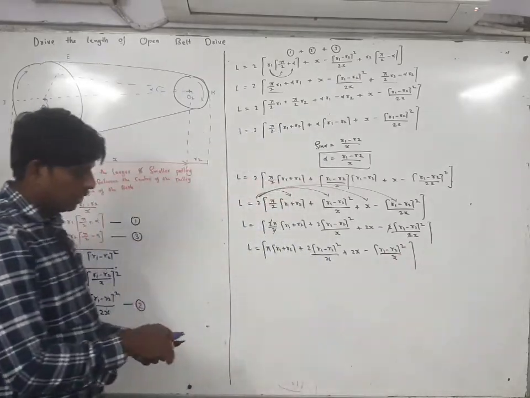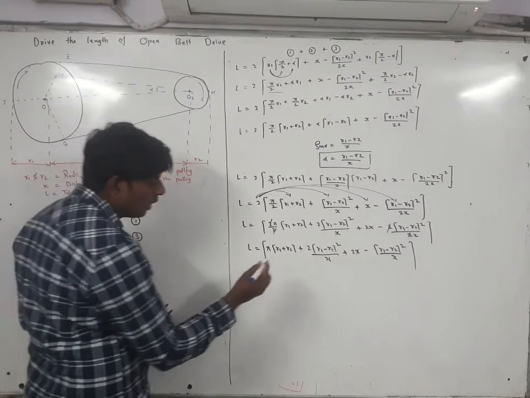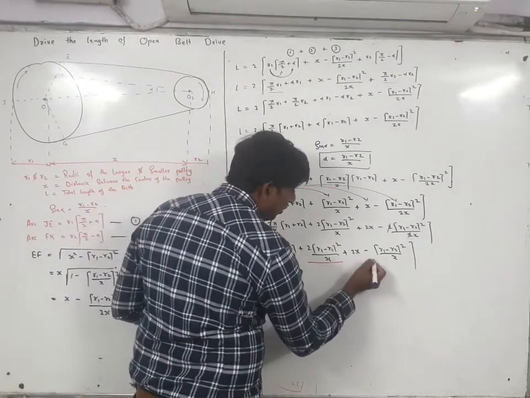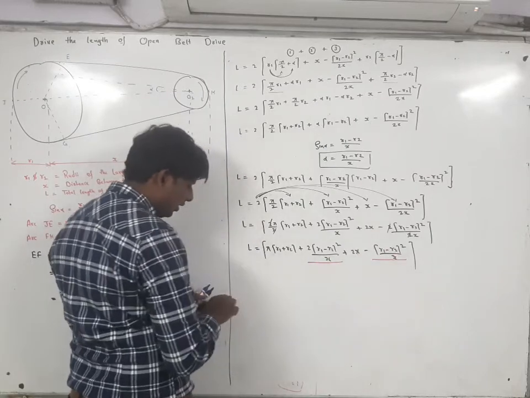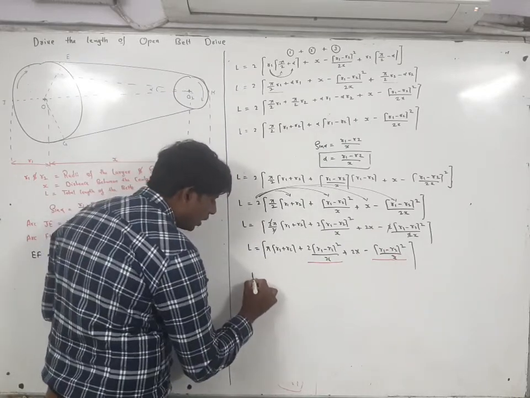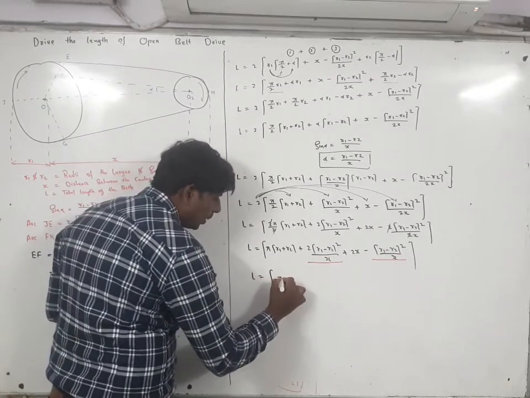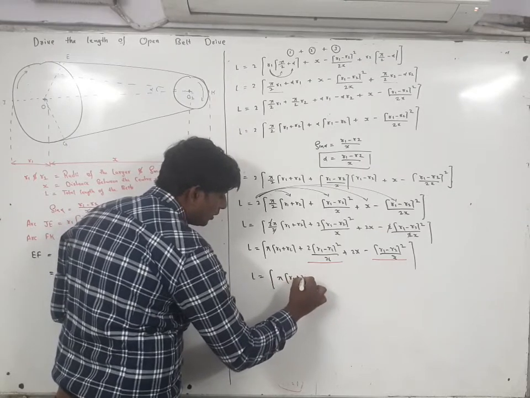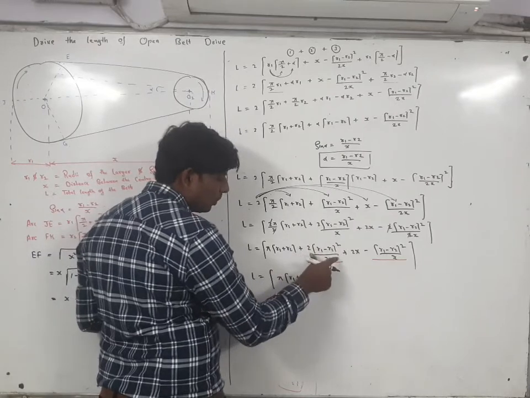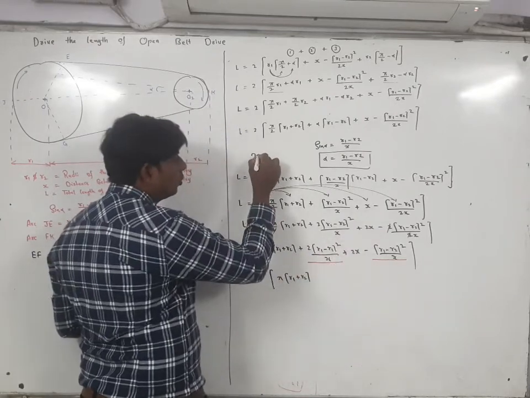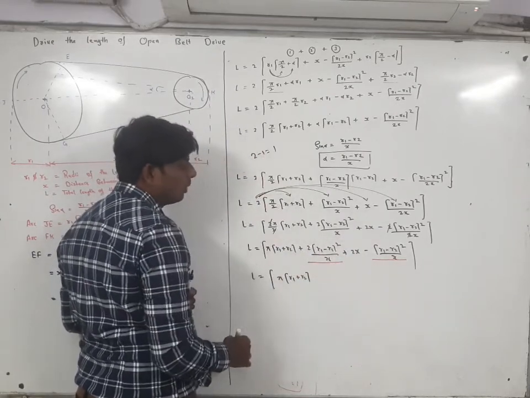If you focus on this, as you can see here, plus 2 is there and here minus 1 is there. So in place of that you can write L is equal to pi (R1 plus R2). The next step, plus 2 minus 1 is equal to plus 1 only.